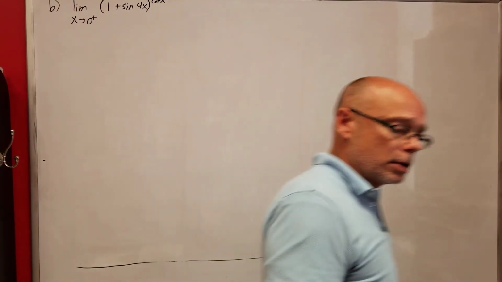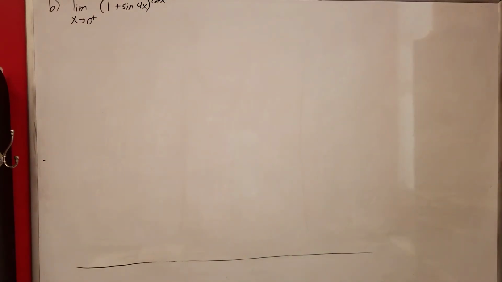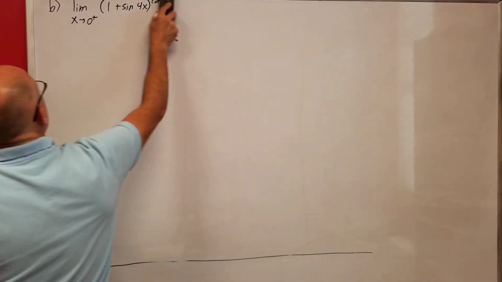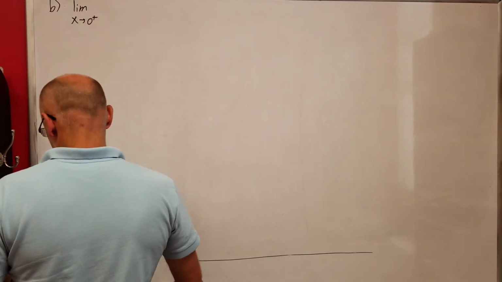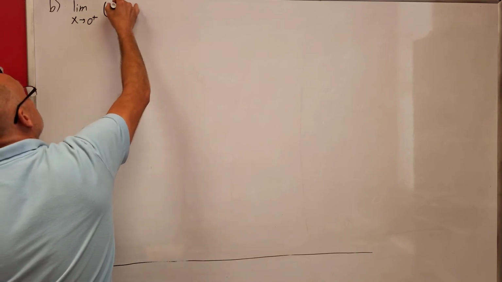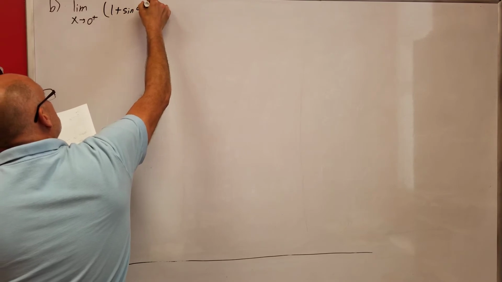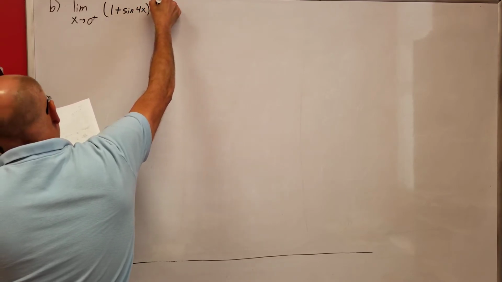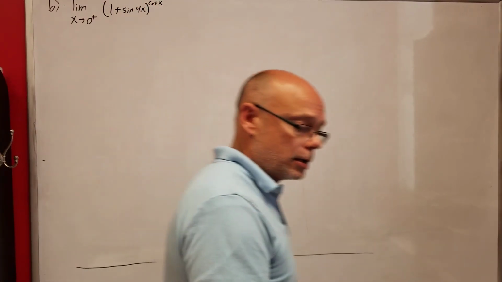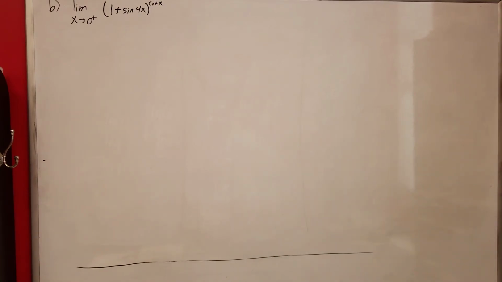I'm going to make sure I'm on the screen because I'm at the very top. I'm going to rewrite this part. This was 1 plus sine of 4x, all to the cotangent of x. Let's see if I'm on the screen now. Yeah, sure am.